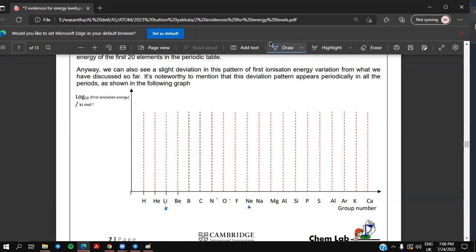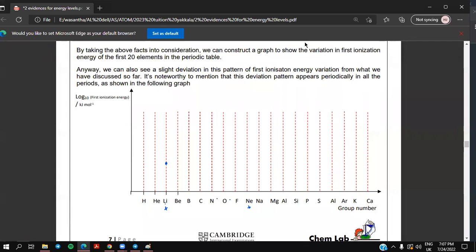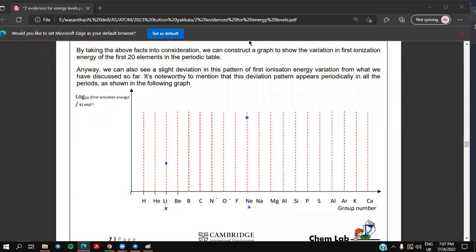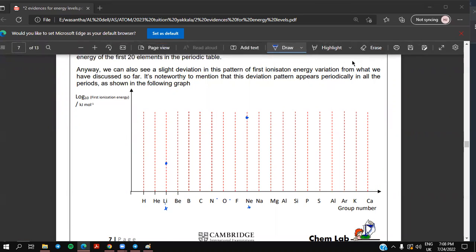What I told earlier was when you go from group 1 to group 8, first ionization energy increases. So if the first ionization energy of lithium is here, the first ionization energy of neon should be somewhere here. But I will not draw a straight line because there are some deviations. What are these deviations? We will talk about it in detail now and see how this variation occurs.